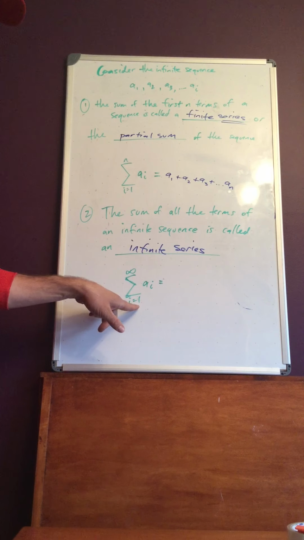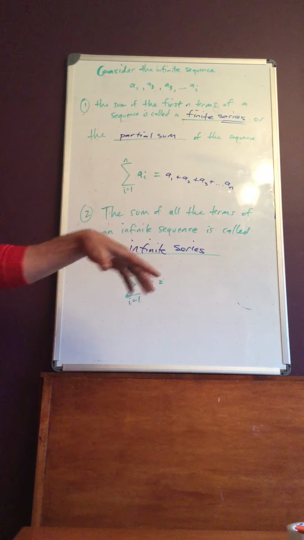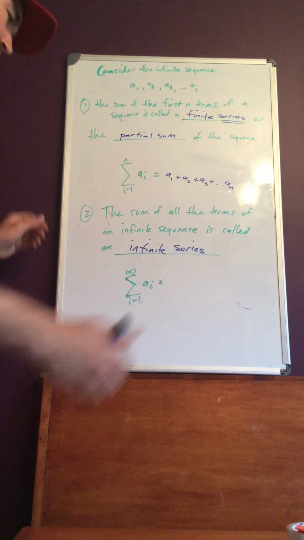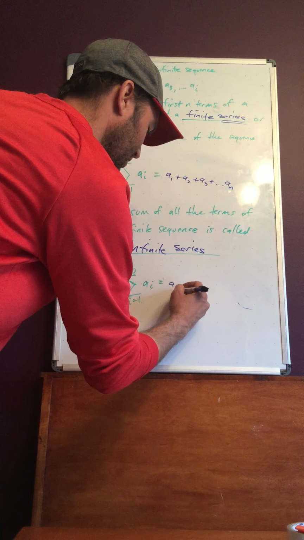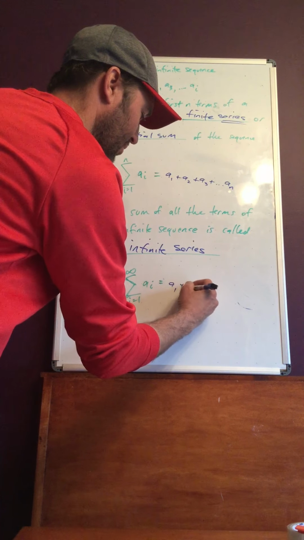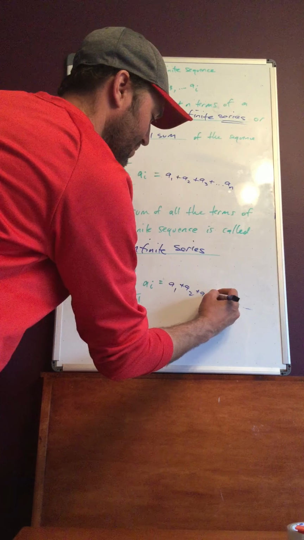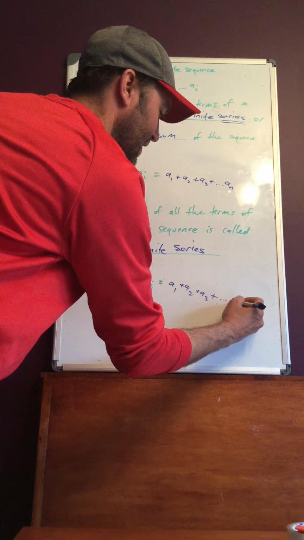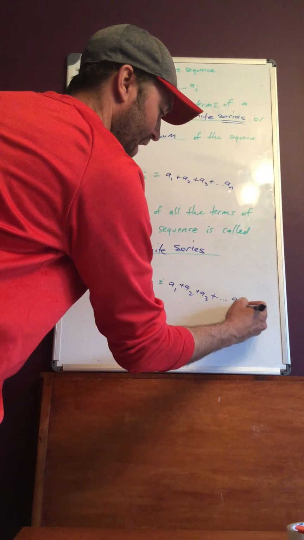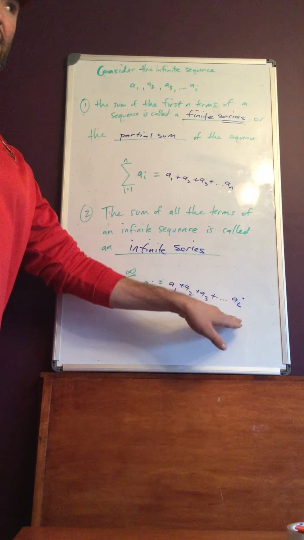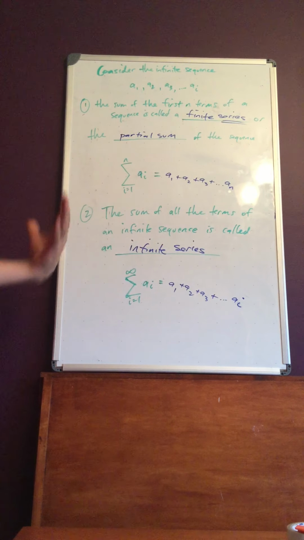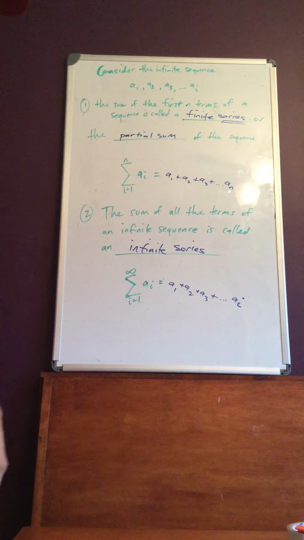You can see this is from the first term until the infinity term, okay? AKA all terms. And so this is just going to look similar to that one. A sub 1 plus a sub 2 plus a sub 3 plus dot dot dot. This time it's going to say a sub i, meaning that there is no last term, it's just adding it all together, okay?